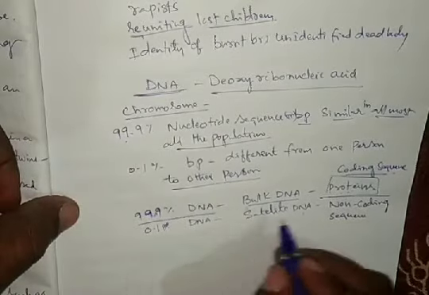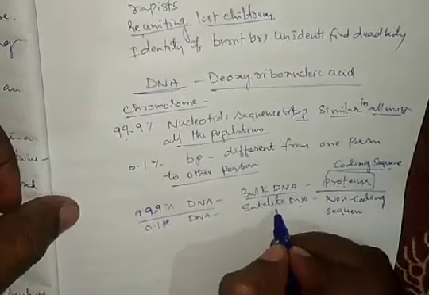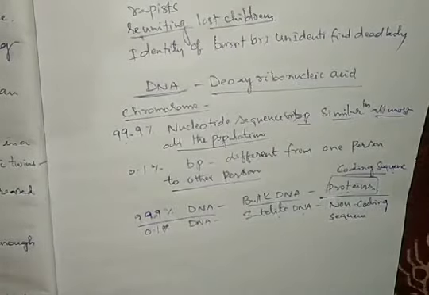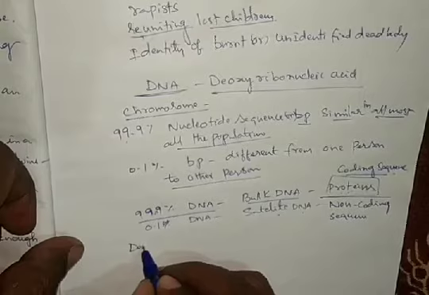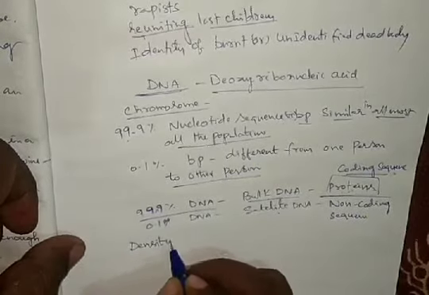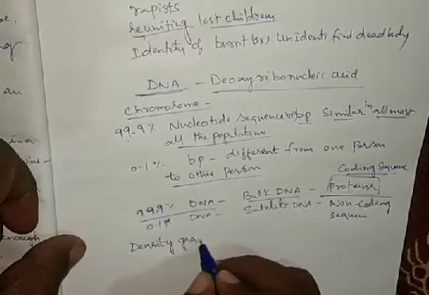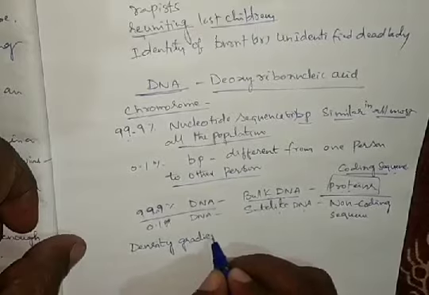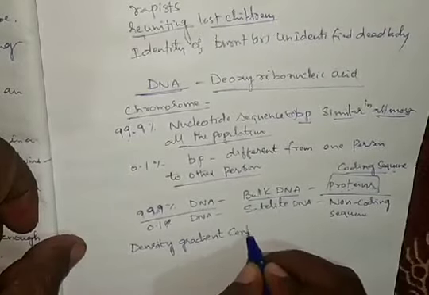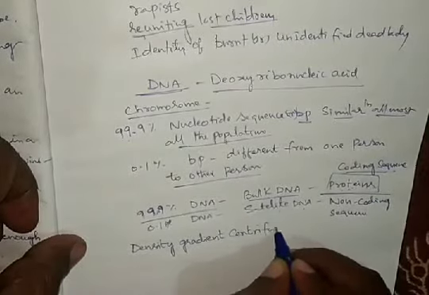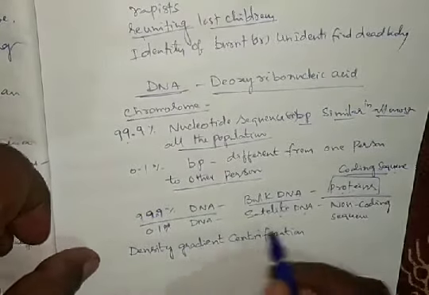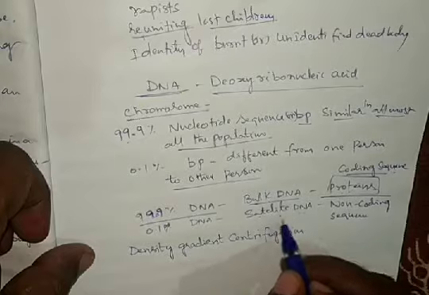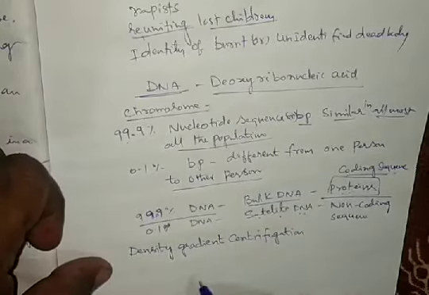The bulk DNA and satellite DNA can be separated by density gradient centrifugation. Using this centrifugation mechanism, we can separate bulk DNA and satellite DNA as different peaks.